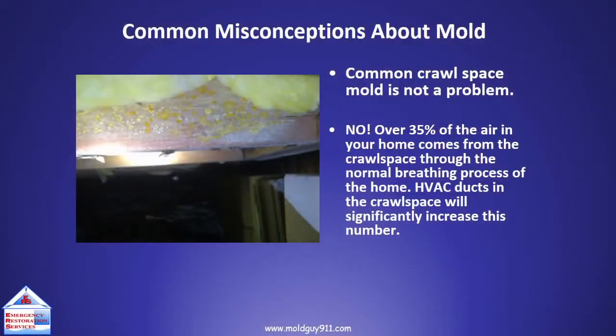If it's not a health concern, that's one thing, but at a minimum, mold is eating away at your building. It's decomposing the structure that holds your building up. So it needs to be dealt with. And once again, here's some nice yellow mold. You know, it's not black, and this is pretty significant too.